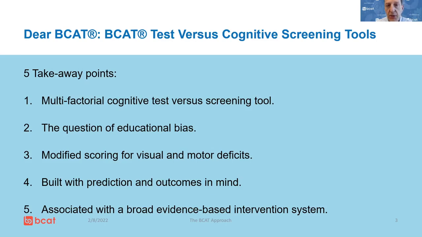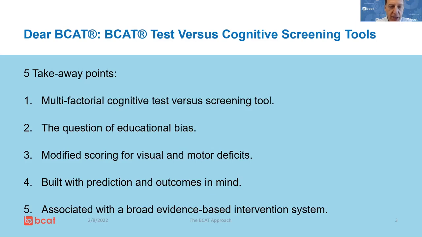Prediction is important. So those of you who use the BCAT have access to a number of crosswalk tables, which are able to give you information about what you should be looking for in terms of adverse events and functional capabilities, safety at home being a subset of many of them. And finally, the BCAT is not a standalone instrument.